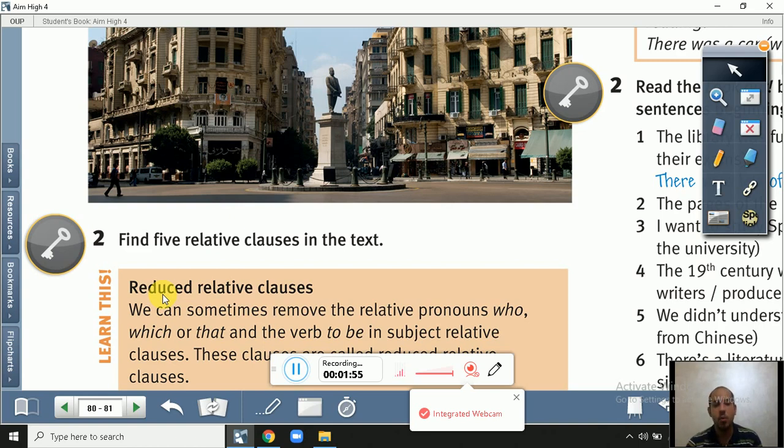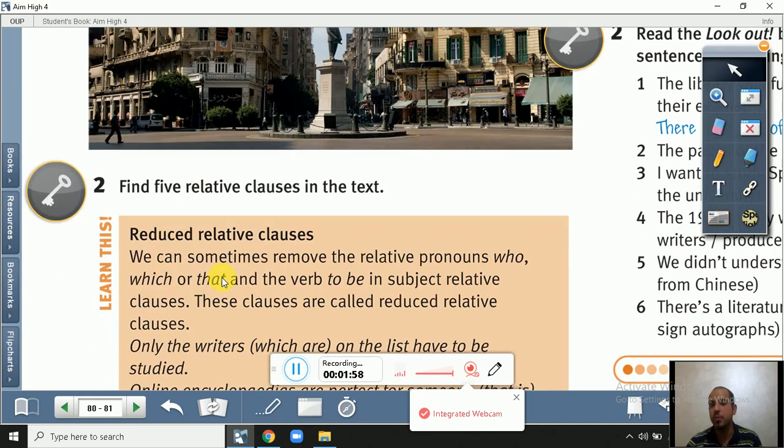Now we can sometimes remove, delete, leave out, or omit the relative pronouns who, which, or that. In this case, we are talking about who, which, and that combined with the verb to be. When I say the verb to be, I mean is, am, are, was, and were.